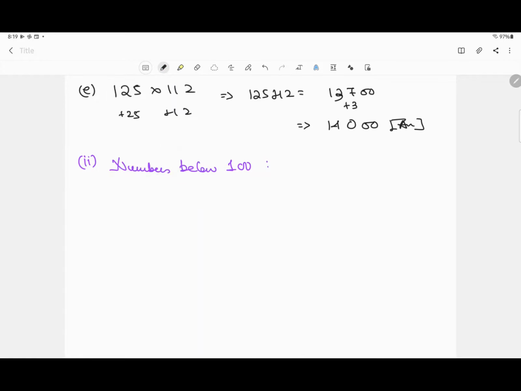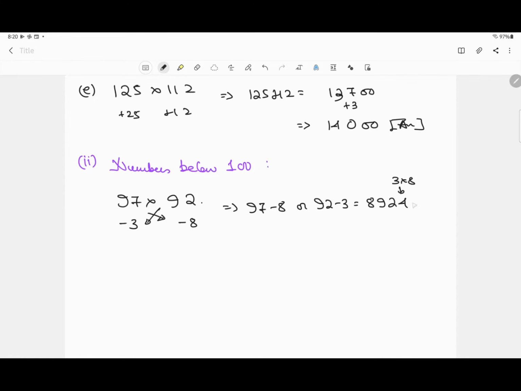Okay, so this is 100 minus 3 and 100 minus 8. So here as it is below 100, what we will do, we will subtract. So it is 97 minus 8 or 92 minus 3, both the answers will be the same, and it is 89. Okay, now what are the two numbers that we will put after 89? It is again 3 into 8, that is 24. So the answer will be 8924.